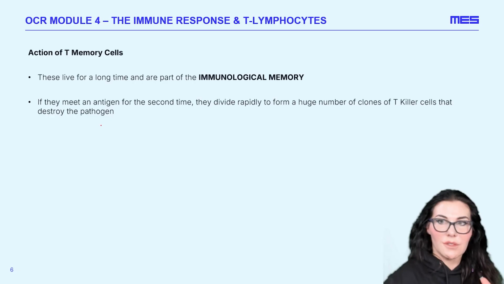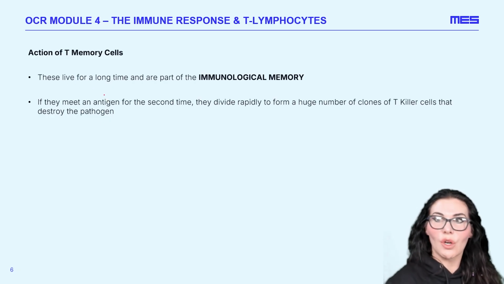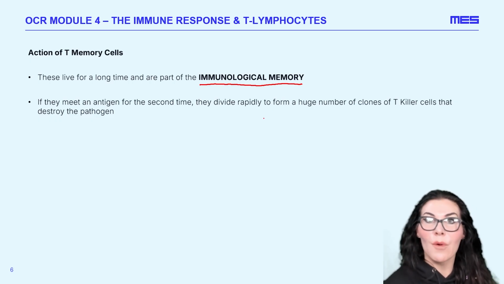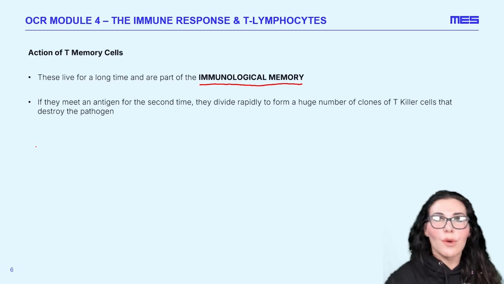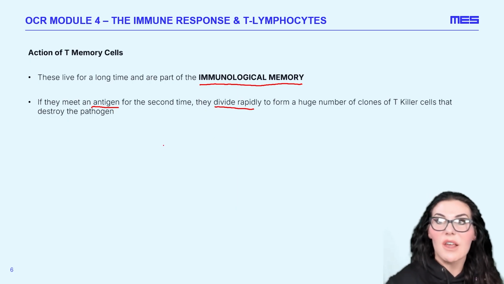Memory cells. So what do these do? The T memory cells of the specific one that's been selected and cloned become part of your immunological memory. They stay in your blood literally forever, if not a very, very long time. And if they encounter that same antigen again being presented, they go into clonal expansion really quick.